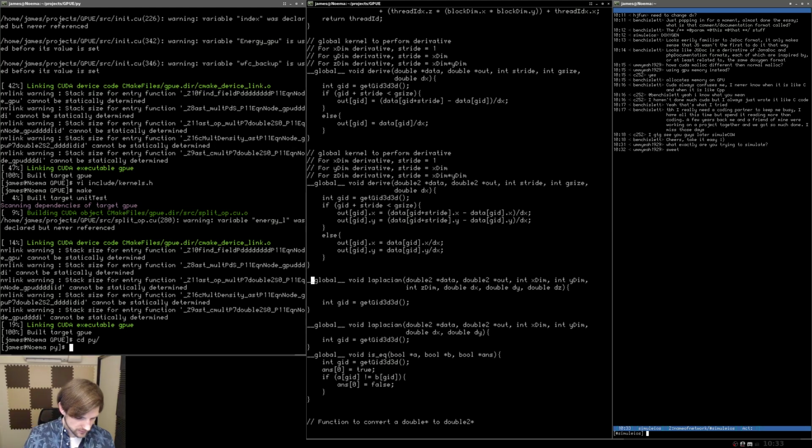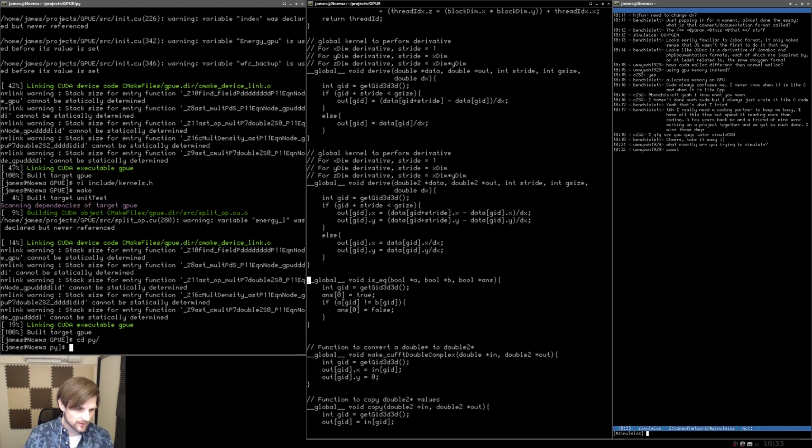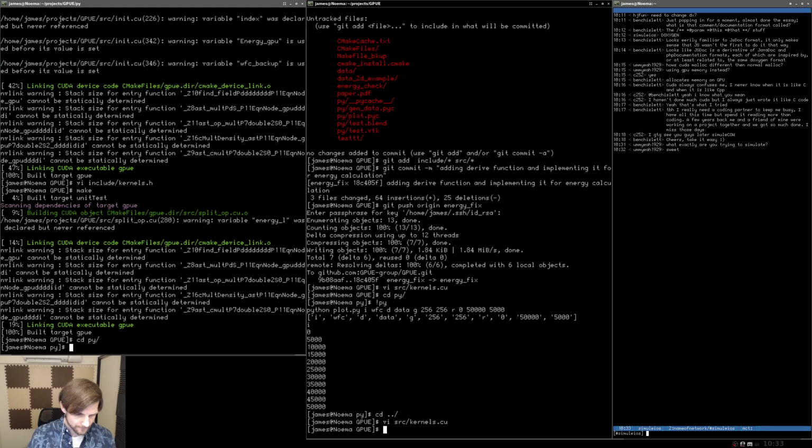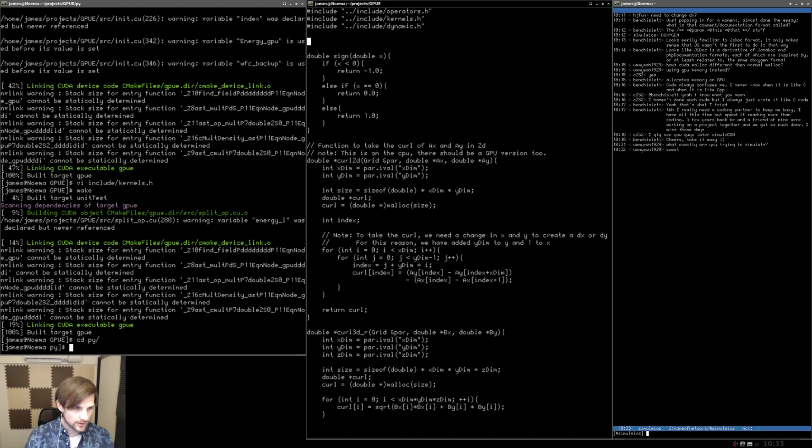Okay, so what we're going to do is put these in a different file, I think. Let me see what files we have. I want to put them in the operators file, source and operators. And here we have double sign. I'm just going to create a new one, which is void Laplacian. We're just going to grab the same arguments we did before. So double2 star data, double2 out. I guess it's always going to be double2 in our case.